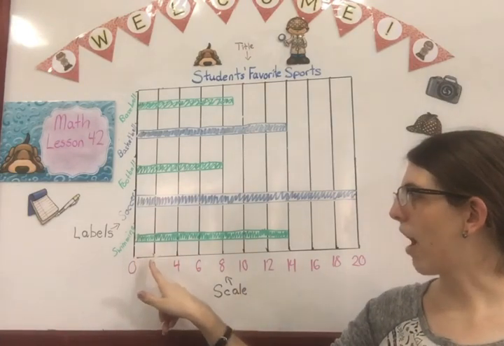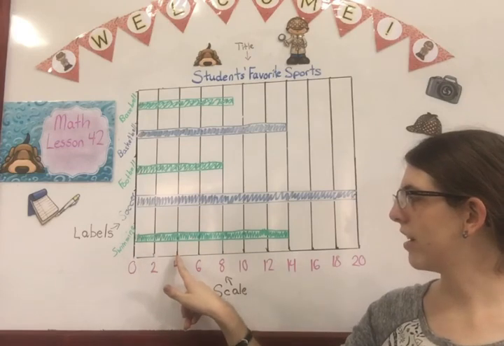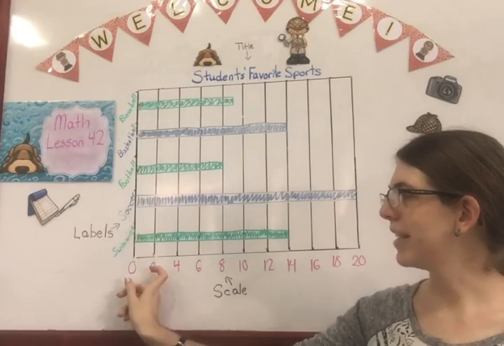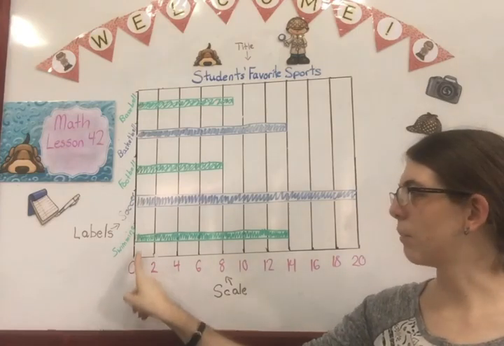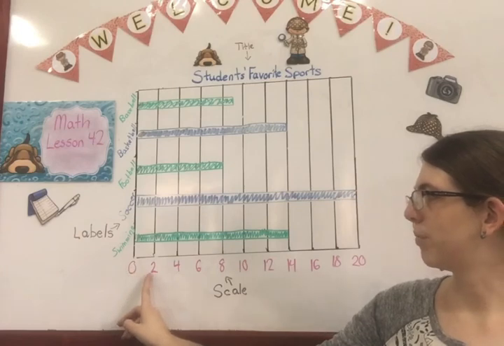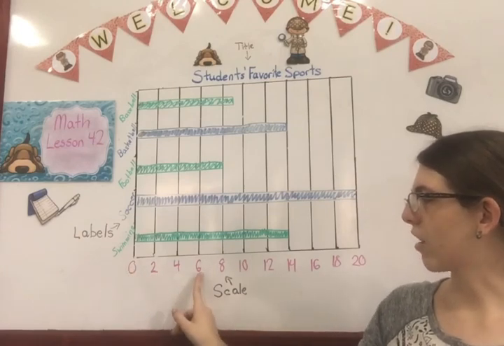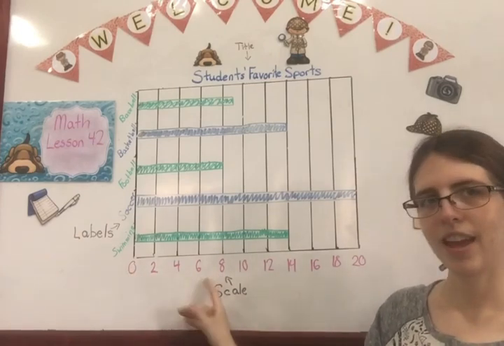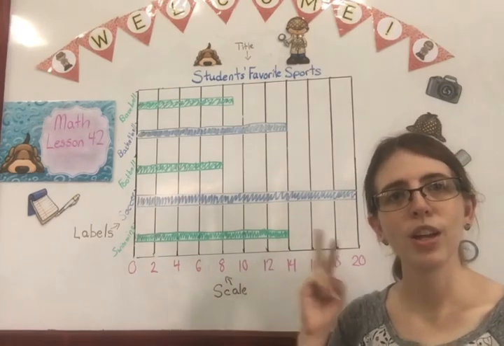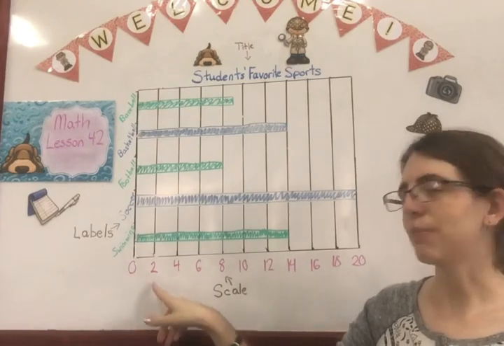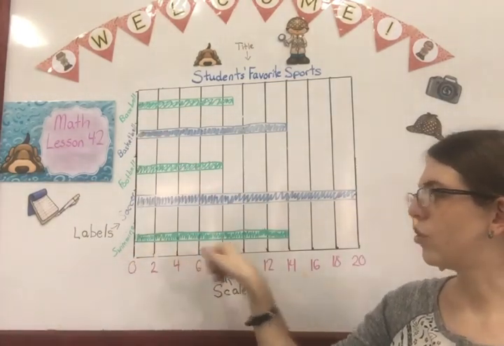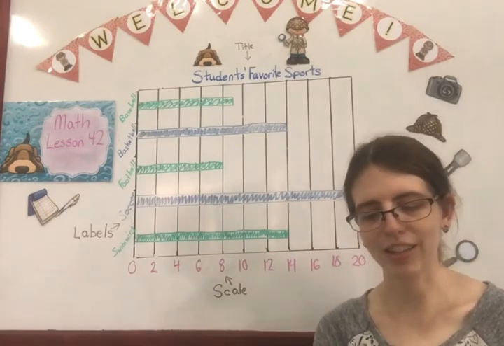I know I start from 0 and I go to 2. On this block, I start at 6 and I go to 8. How many students are shown in each of these blocks? 2. My scale is by 2s. So each of these blocks represents 2 students. So the answer is 2.